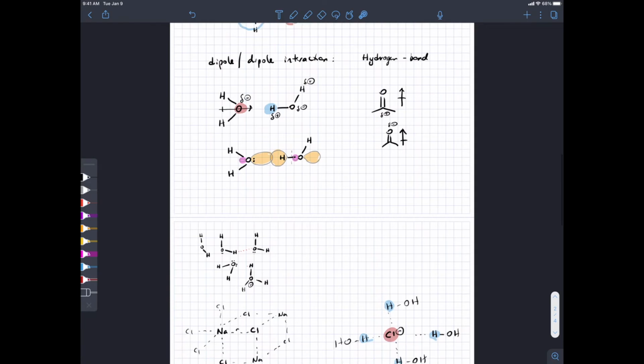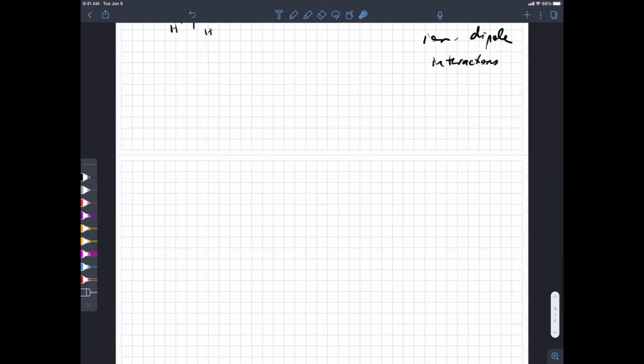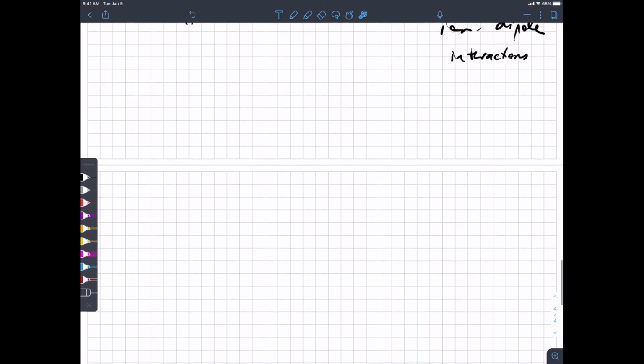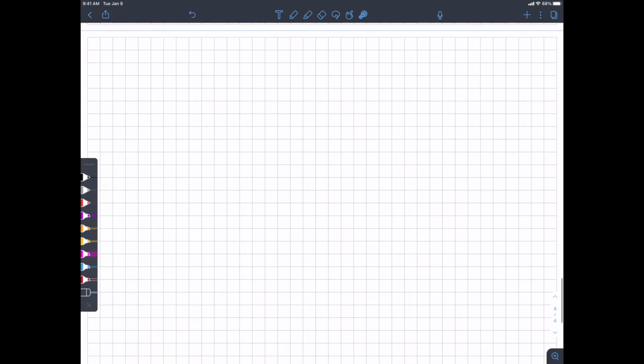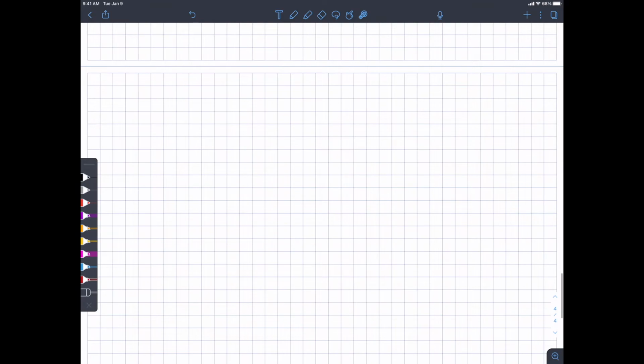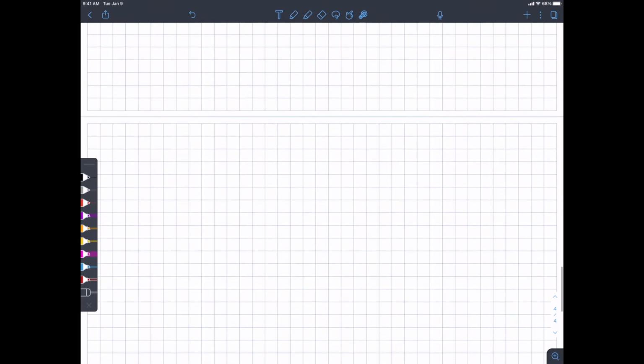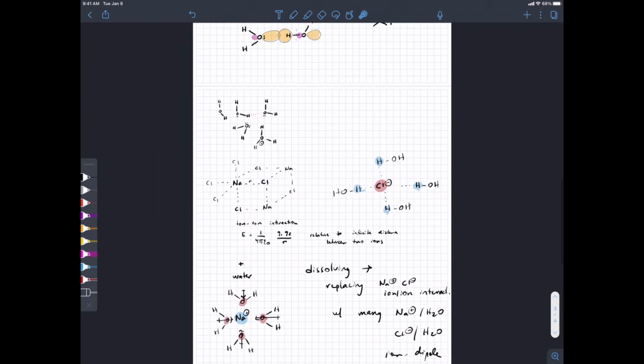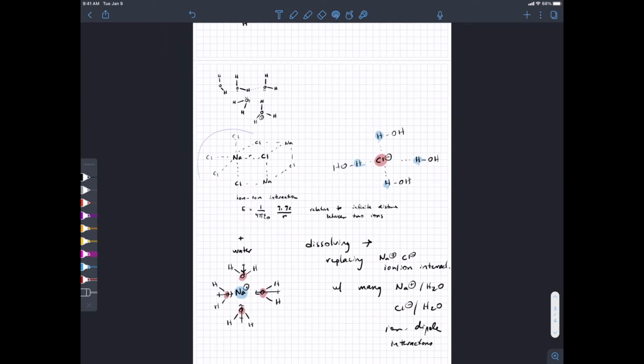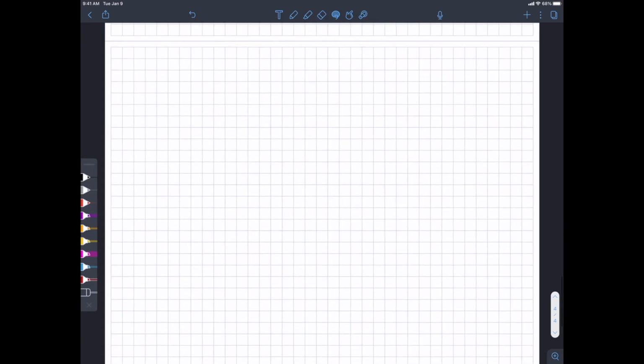So in dealing with non-covalent interactions and the issue of how strong they are, it's useful to think about two different things. Let's continue on in this dissolving reaction.